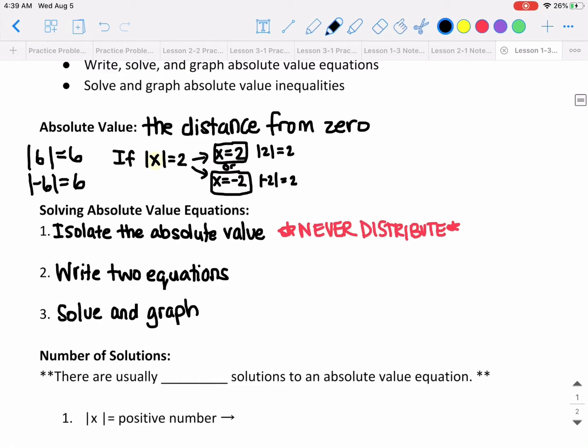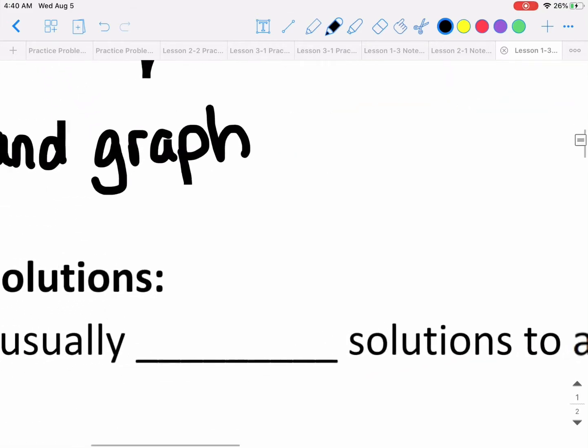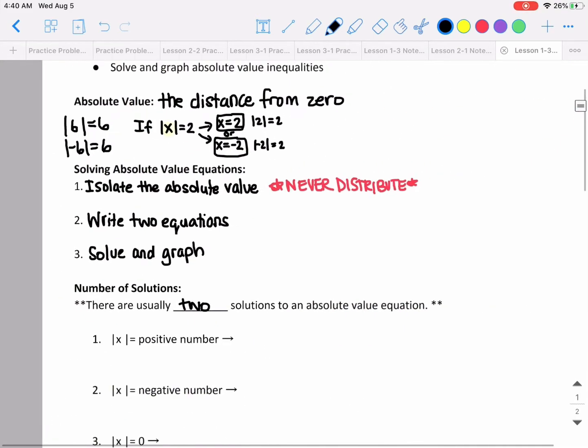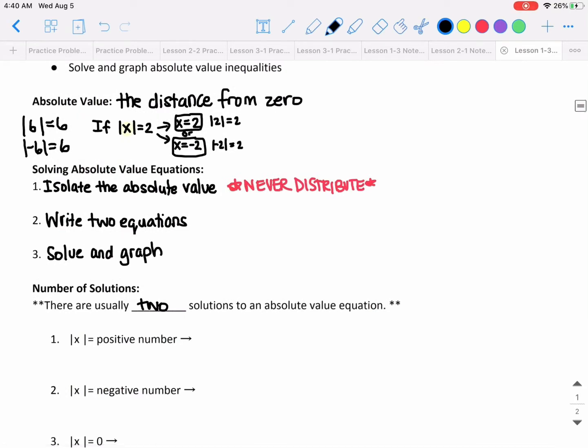We're going to talk about the number of solutions that you could possibly have. Like I just said, most of the time you're going to write two equations because there are going to be two answers. So there are usually two solutions to an absolute value equation.